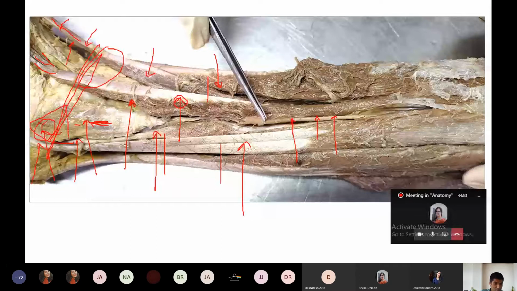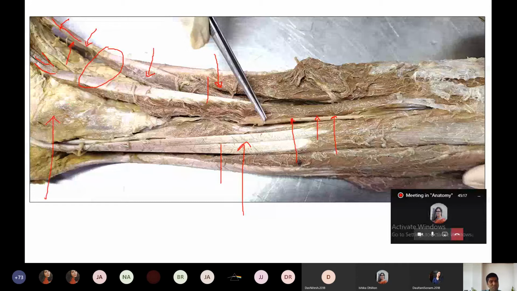It is overwritten, so I'll erase what I have already written and show you the important structure once again, writing separately here. So this one is the lateral malleolus. You can easily identify this. If this point is asked, we'll ask which bone forms this, what tendons pass behind this, and what tendons pass anterior to this.